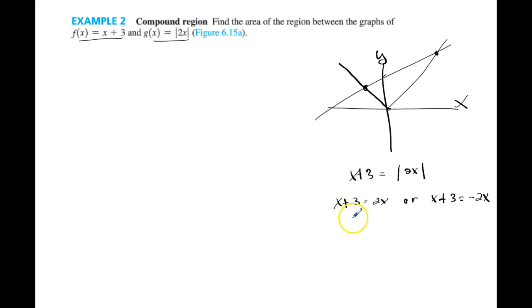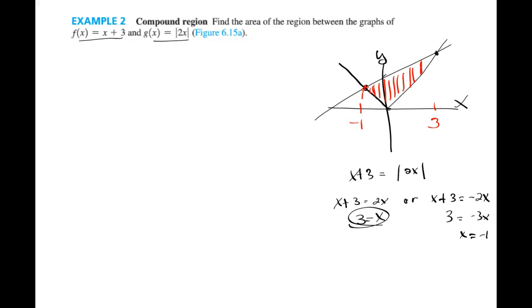But over here, I'll get x equals 3, and over here I'll have 3 equals negative 3x, or x equals negative 1. So that's really helpful because now I have integration points from negative 1 to 3, and I can see that's where I want to integrate from.